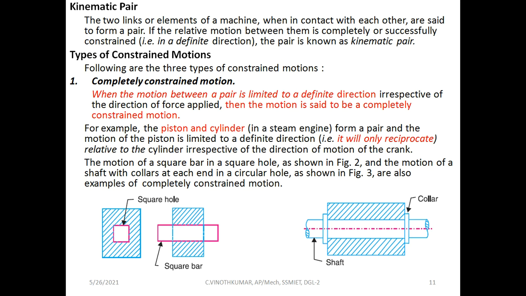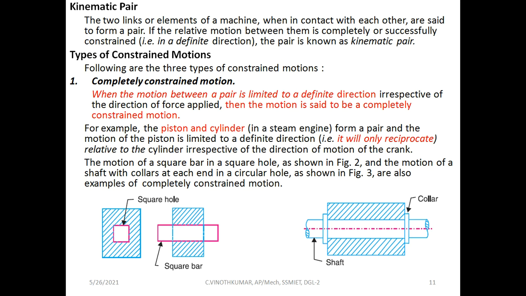Types of constrained motions. Following are the three types of constrained motions. First one is completely constrained motion. When the motion between a pair is limited to a definite direction, irrespective of the direction of force applied, then the motion is said to be a completely constrained motion. For example, piston and cylinder in a steam engine form a pair and the motion is limited to a definite direction.